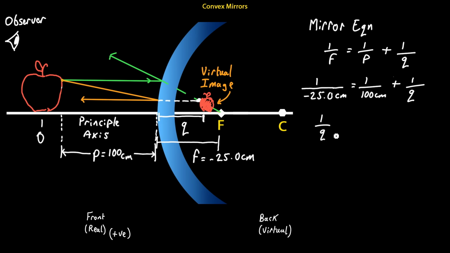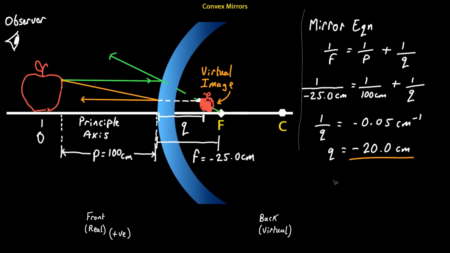So 1 over q is equal to negative 0.05 centimeters to the minus 1. And if we invert this, we get a negative 20.0 centimeters to 3 significant figures. And this negative sign tells us that this image is virtual. If it had a positive value for the length, it would mean that the image is a real image. In other words, the image would be forming in front of the mirror rather than behind the mirror. So our image forms 20 centimeters behind the mirror.